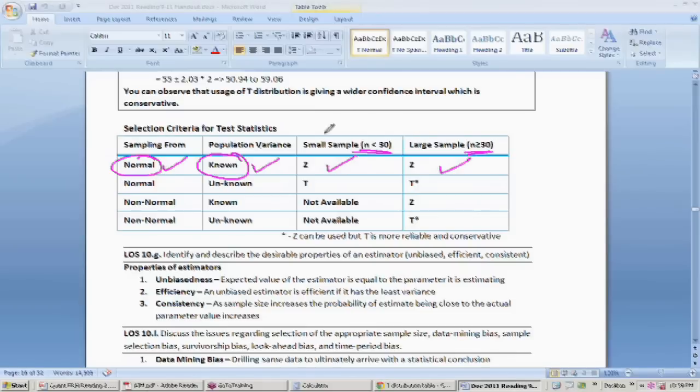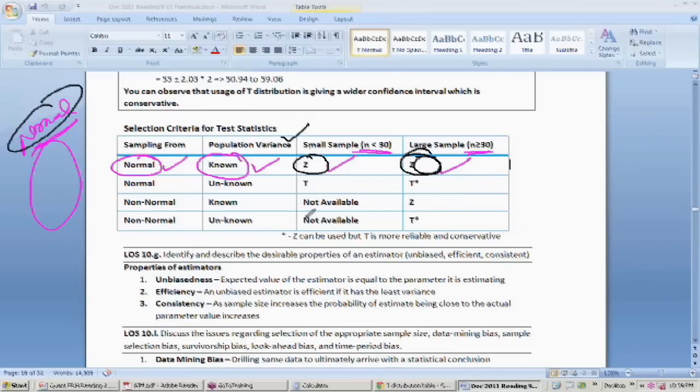But if the population you are sampling from already follows a normal distribution and the population standard deviation or variance is known, it doesn't matter, you will use Z.